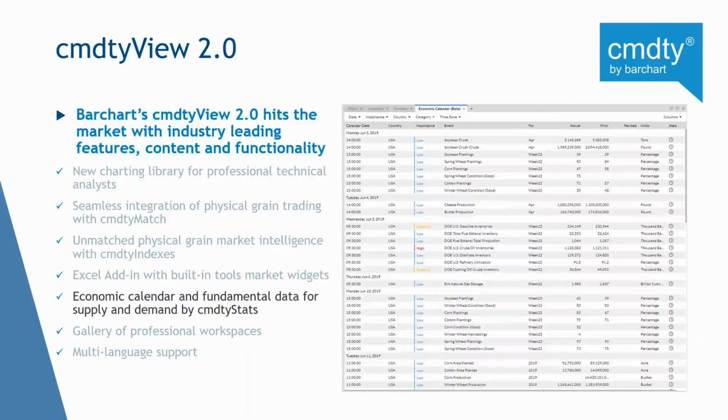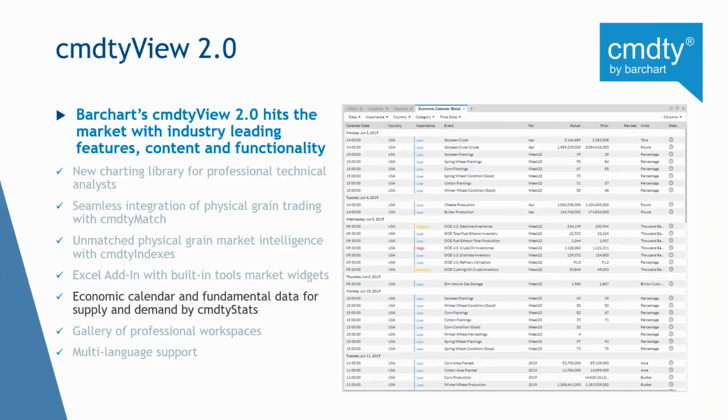Okay, our economic calendar. We've had Commodity Stats, which is our database of fundamental and economic data, for some time now, but we've fully incorporated that into CommodityView in the form of an economic calendar that you see on the right-hand side. It alerts you as to which reports are coming out for the week and shows you what the prior value was.